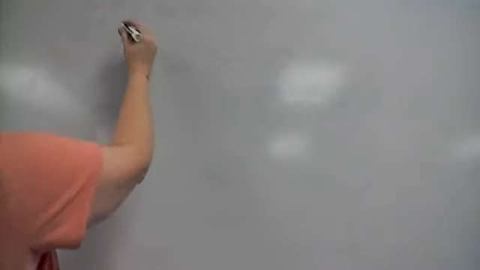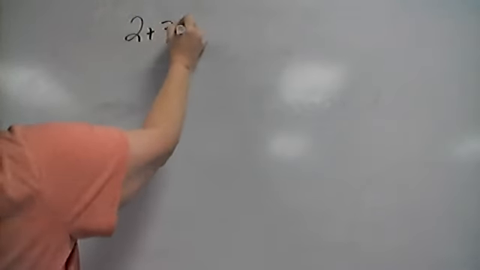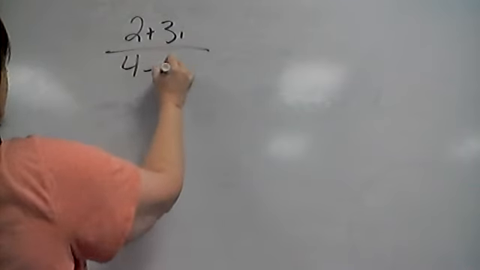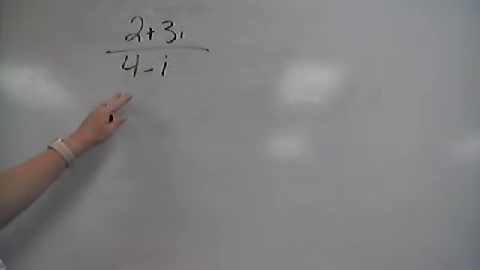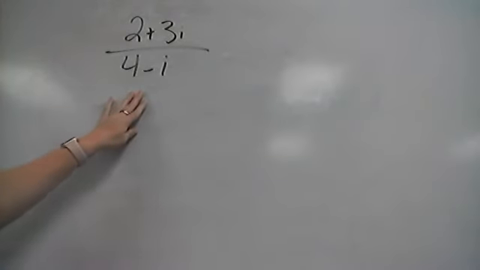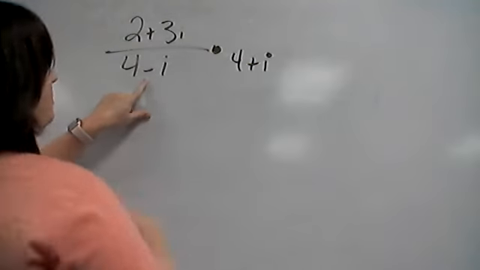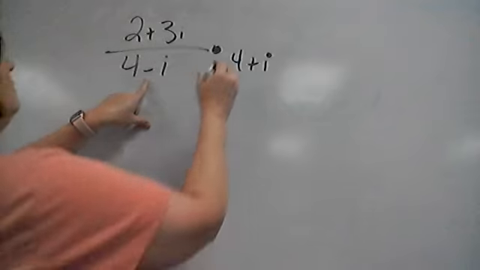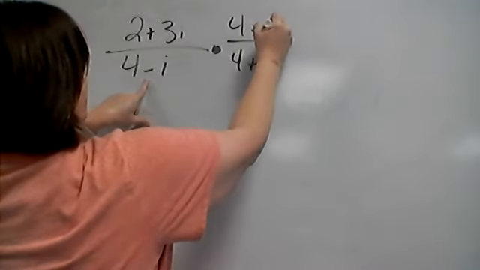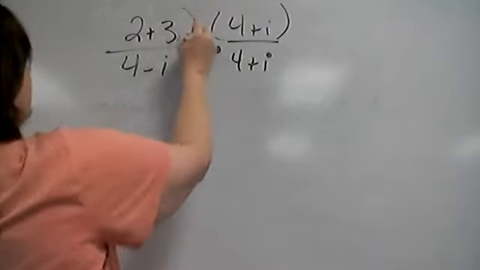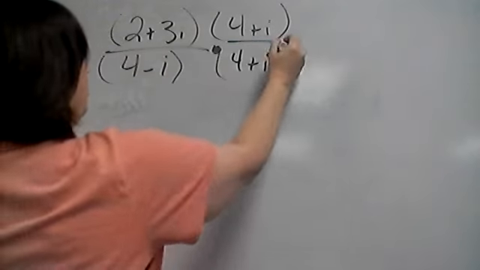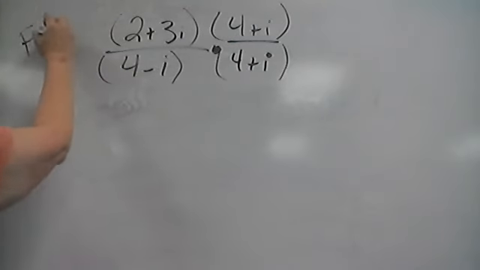All right, one more example. 2 plus 3i over 4 minus i. All right, if it's in the form of 4 minus i, we're going to multiply by the conjugate. So we're going to change the sign in the middle from negative to positive. Whatever we multiply on the bottom, we're going to multiply on the top. So here we're going to FOIL, or distributive property, twice.